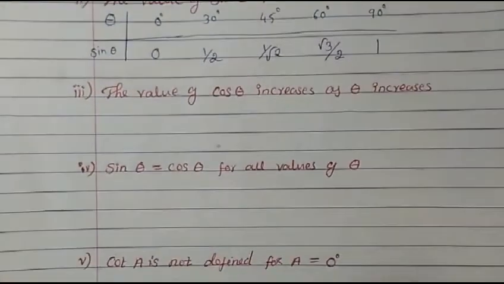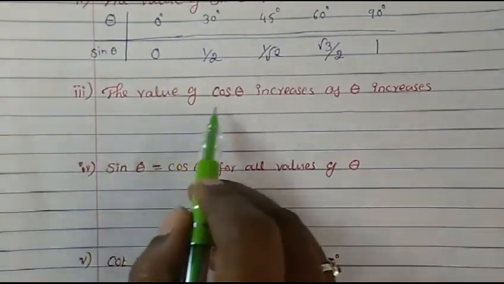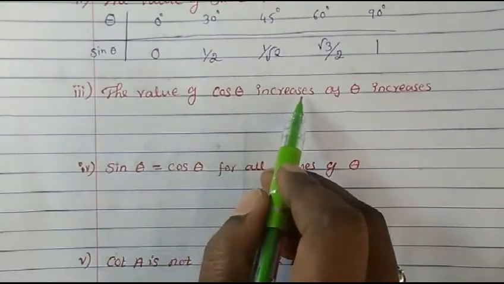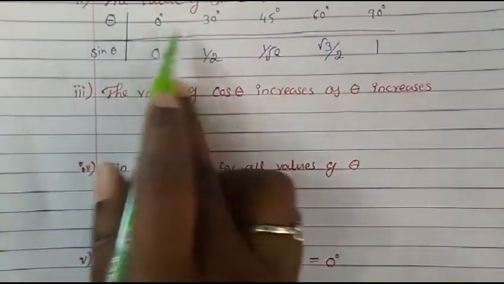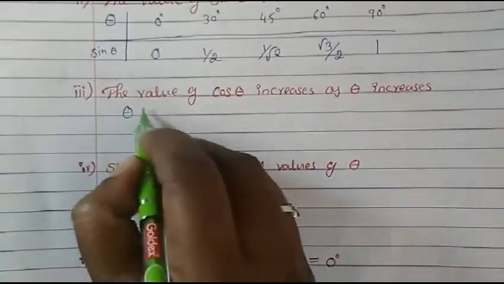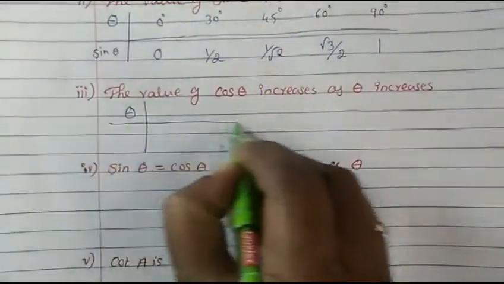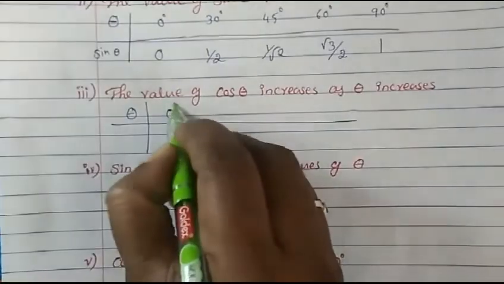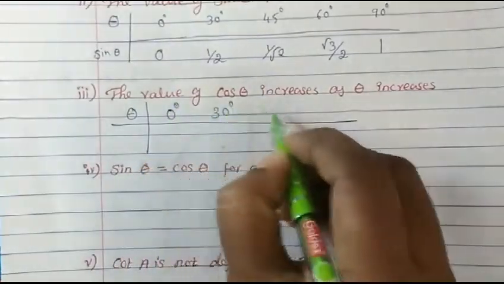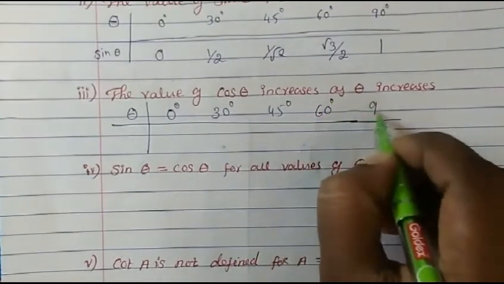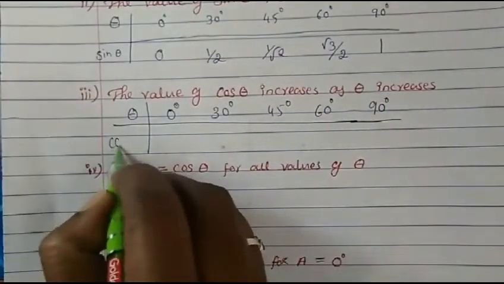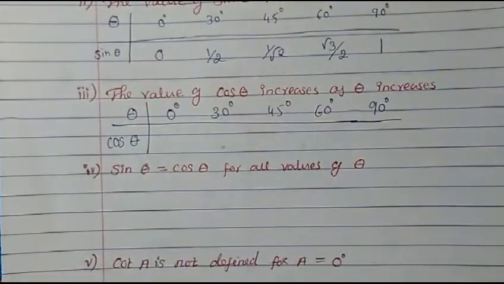So let us see now the third part. The value of cos theta increases as theta increases. In the same way let us write down the theta values. Theta is 0 degree, 30 degree, 45 degree, 60 degree and 90 degree. Now let's write the cos theta values.